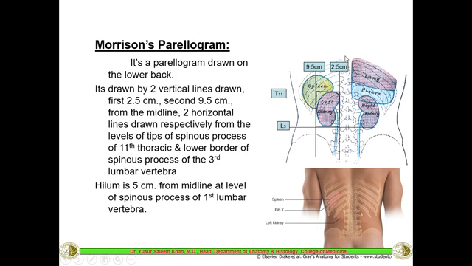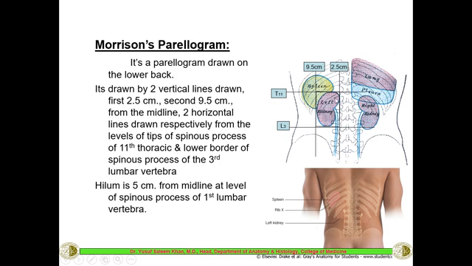The vertebrae can be counted from the 7th cervical vertebra, which is called the vertebral prominence, whose spine can easily be felt at the lower part of the back of the neck. From there you start counting the vertebrae, and at the level of T11 you draw a horizontal line. The second line will be drawn at the level of L3.